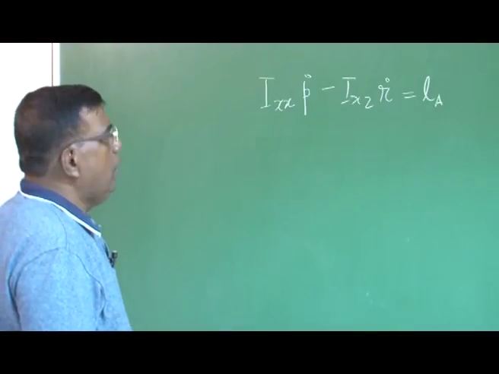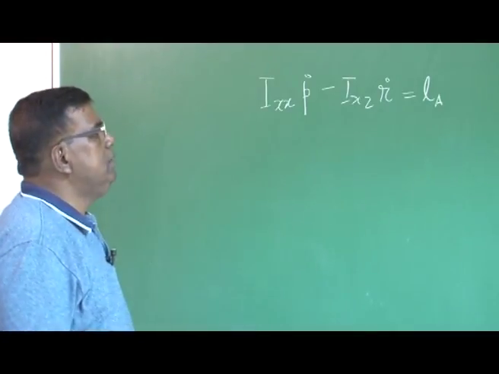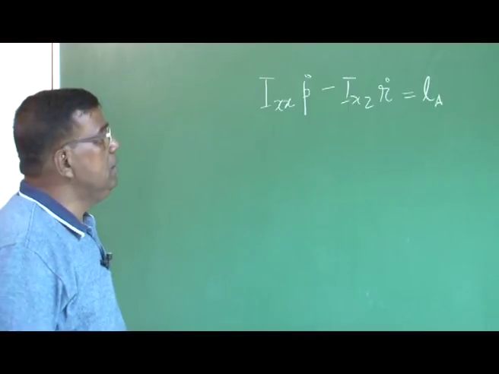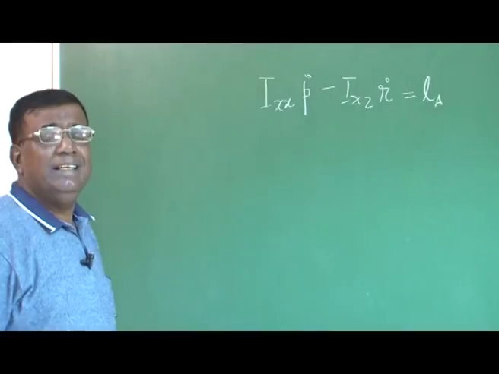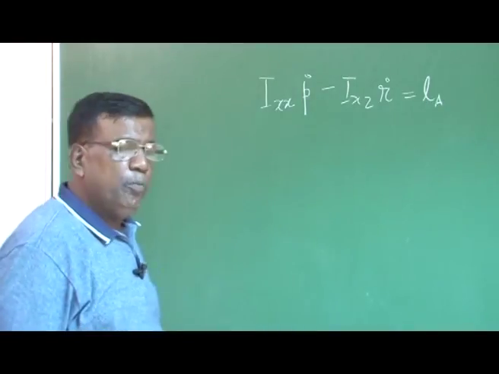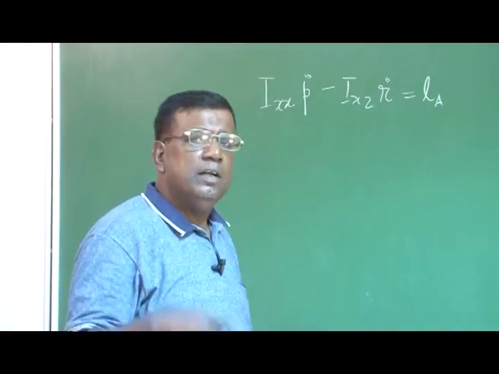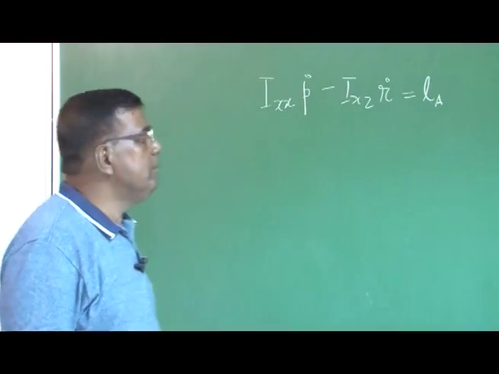Now, we are also clear that since we have written these equations in stability axis system, we know how to give a correction for Ixx and Ixz, so that appropriately we have taken the moment of inertia about the stability axis system.